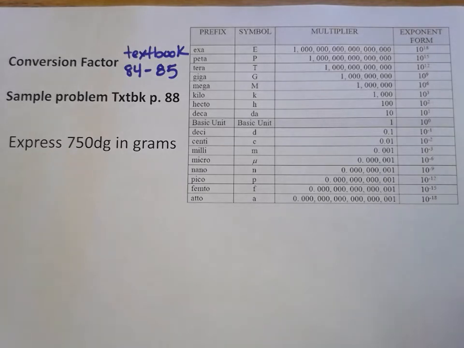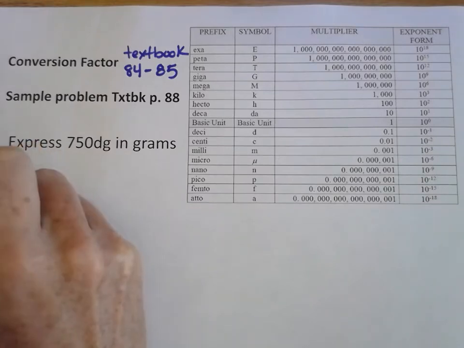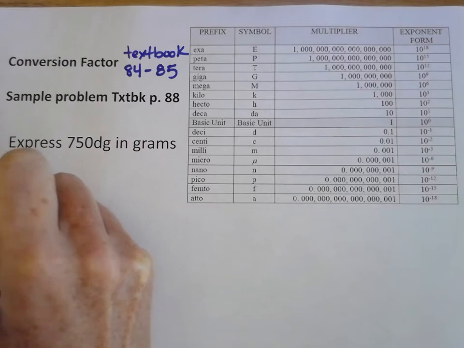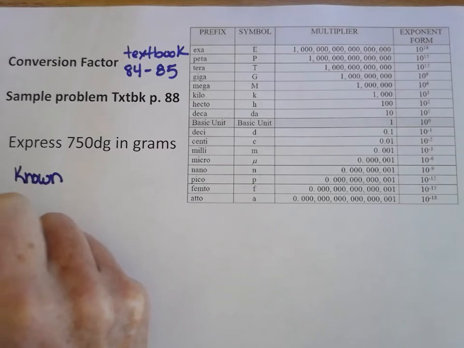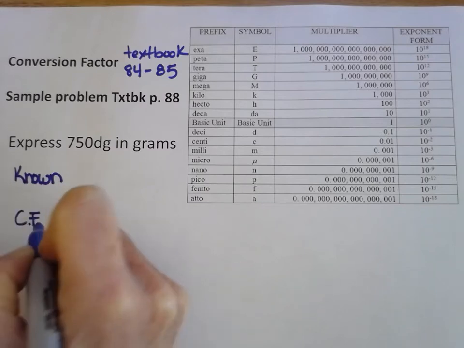In order to solve conversion factors, you need to identify some things. What we need to identify are our known, our conversion factor, which I'm going to just write as CF for conversion factor, and then the unknown.